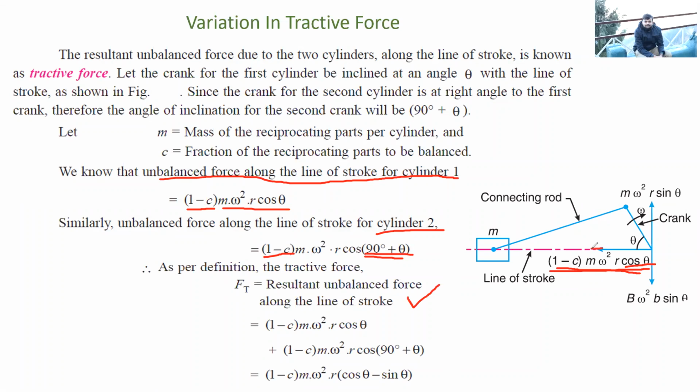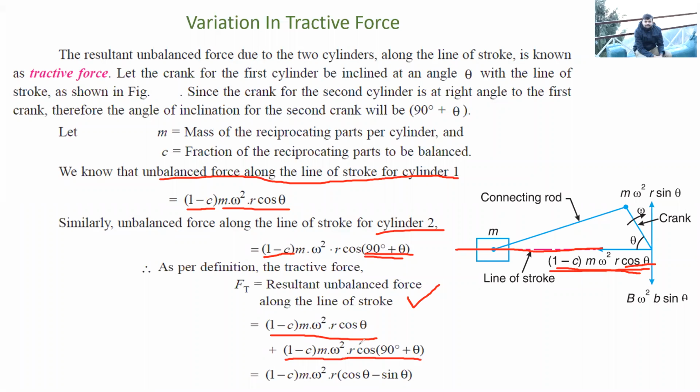So, total unbalanced force along this line of stroke of this piston is called the tractive force. So, we will add the total tractive force produced by both the slider crank mechanisms, and that will be (1 minus c) m omega square r cos theta plus (1 minus c) m omega square r cos (90 plus theta).